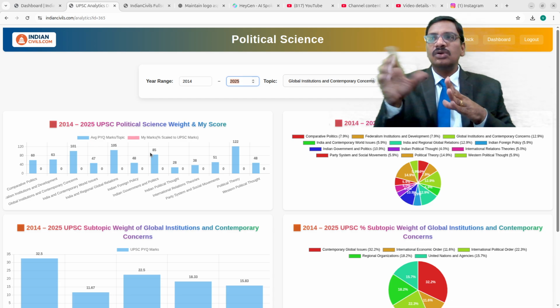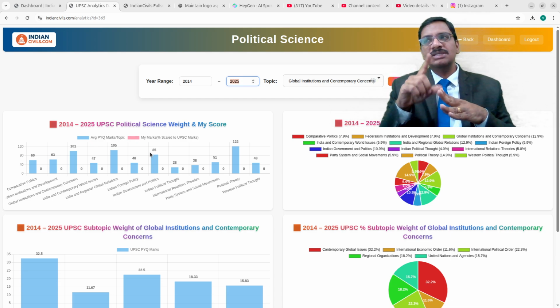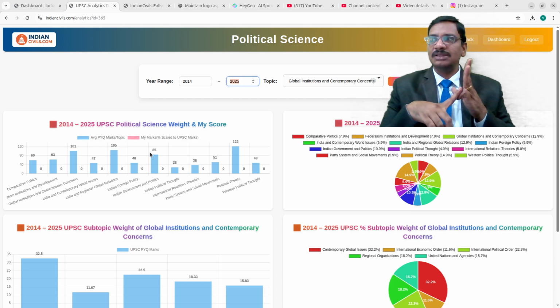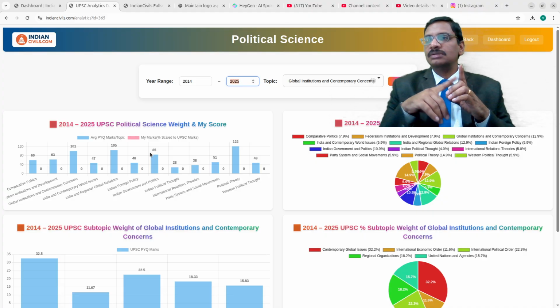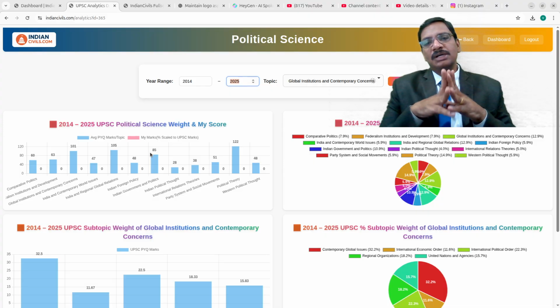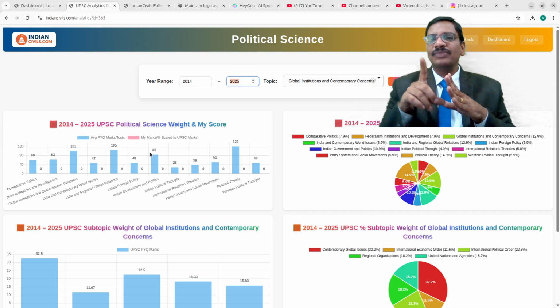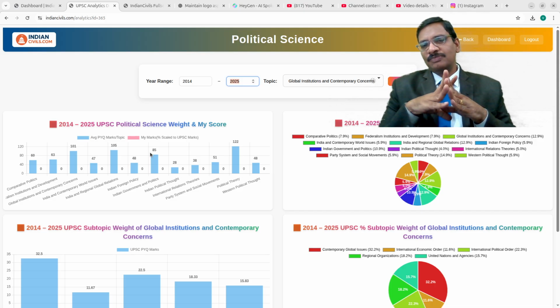Now out of all the 12 different topics, these three topics, political theory, international relations, and global institutions and contemporary concerns, are the three topics getting more than 100 marks. And there are certain topics getting very small marks, like an average of 28, that is Indian political thought.